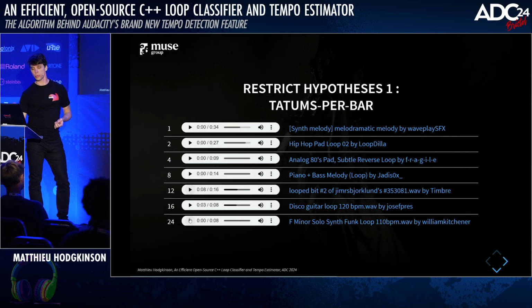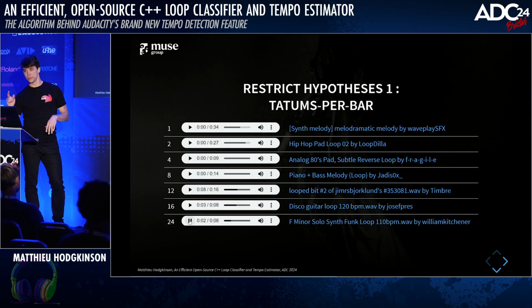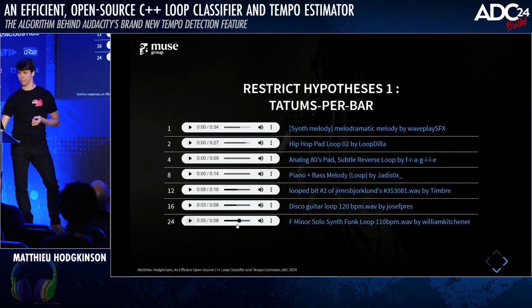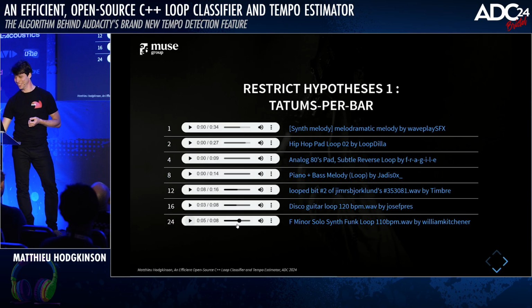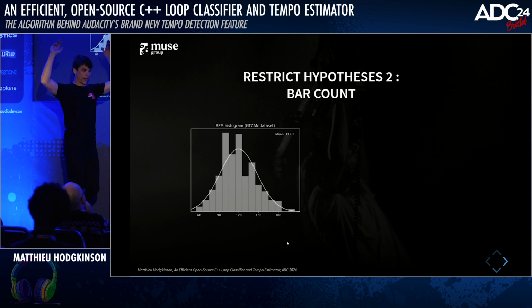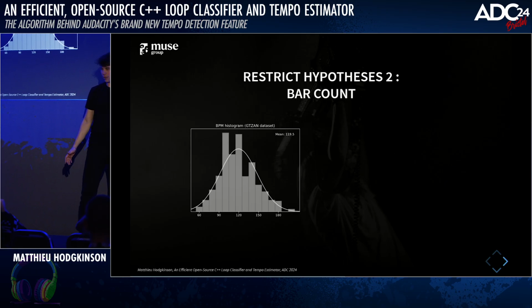And 24 is when we go from 16 to a swung 16th note rhythm. So you get it, I suppose, I hope. Okay, good. Thank you. That's the first restriction. So we have a limited set of tatum per bar hypotheses.